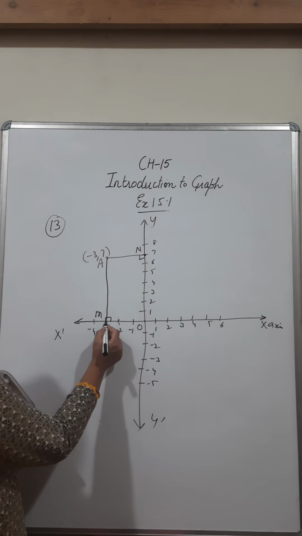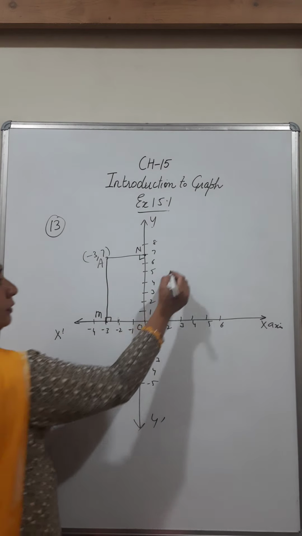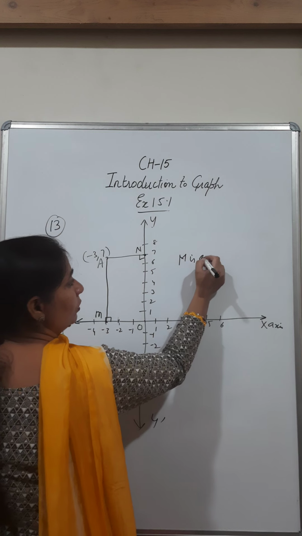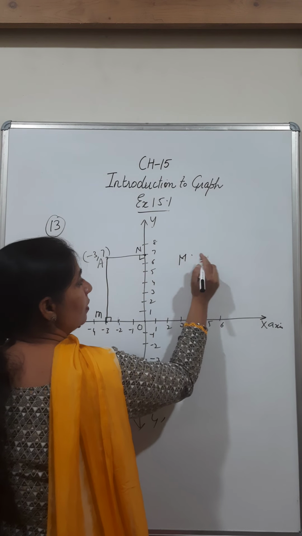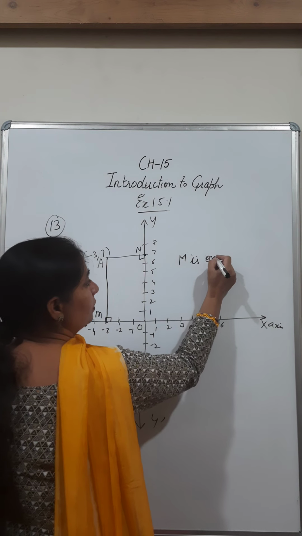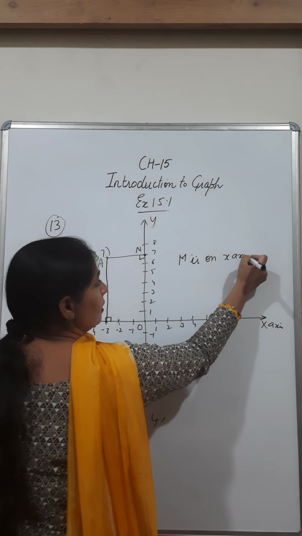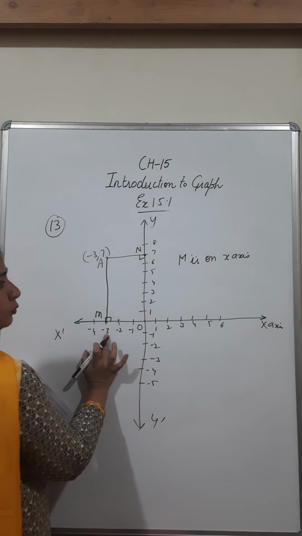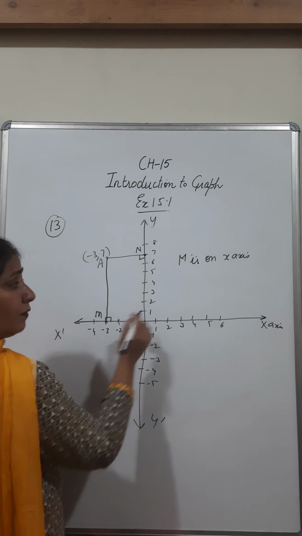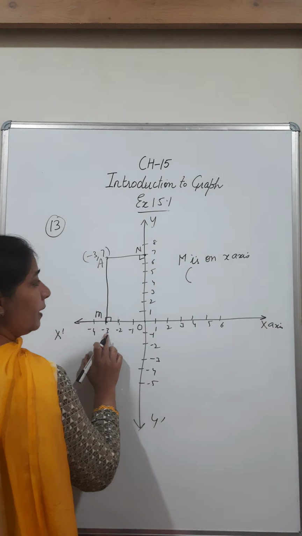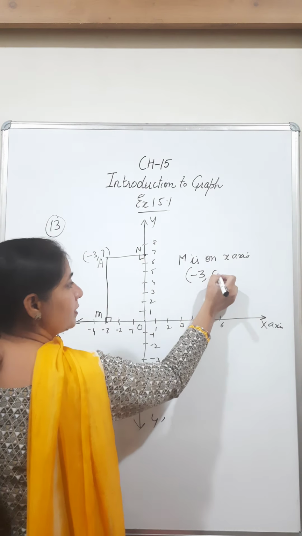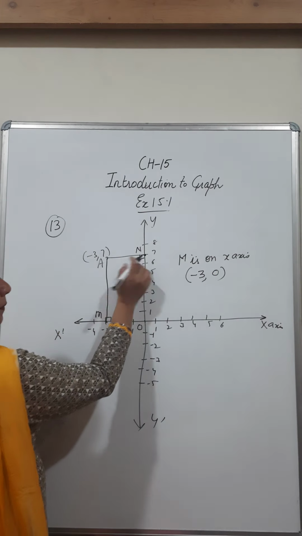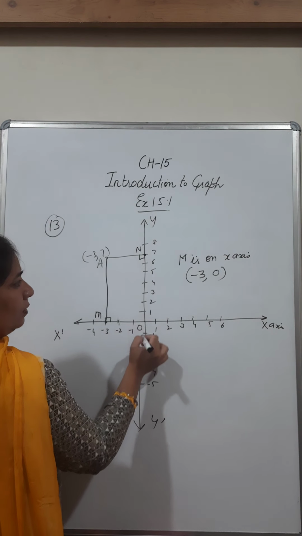Now where is the M point? M is on the x axis. So any point that is on the x axis, what is its y? y is equal to 0. So here x is -3 and the value of y is 0. Now where has the N point come? On the y axis.